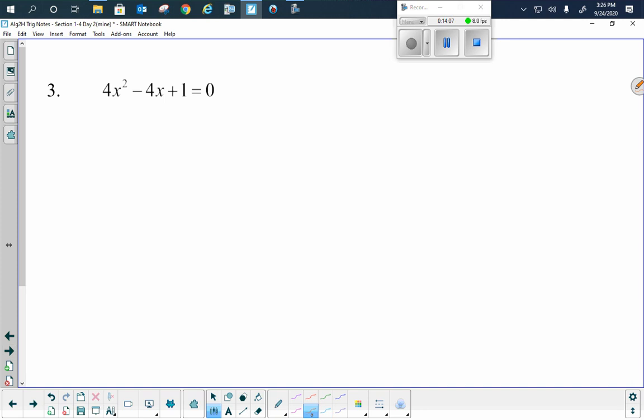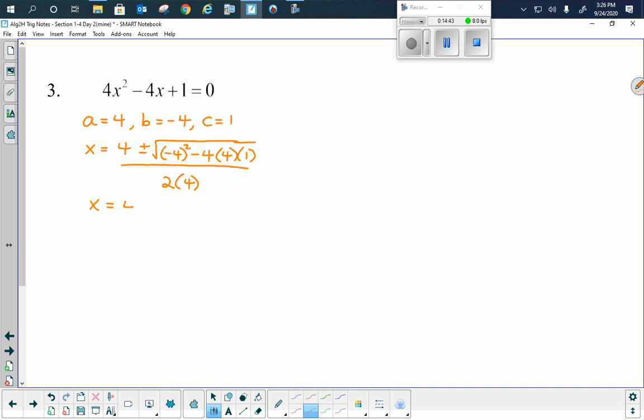Number 3, try it for yourself. A is 4, B is -4, C is 1. So x equals 4, right, the opposite of B, positive 4 plus or minus the square root of -4 squared minus 4 times a of 4 times c of 1, all over 2 times a of 4.